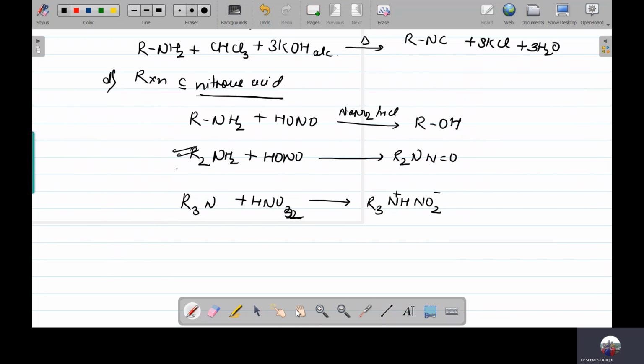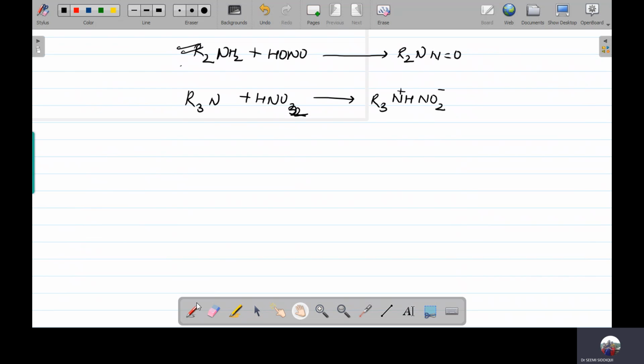Then, besides this, in the case of chemical properties of the amines, we have the electrophilic substitution reaction. In the case of electrophilic substitution reaction, due to resonance, electron density increases at the ortho and para positions as compared to the meta position. Therefore, it is going to direct the incoming group to the ortho and para positions.